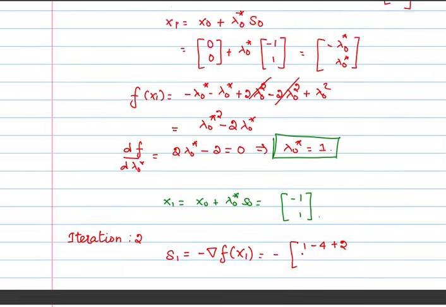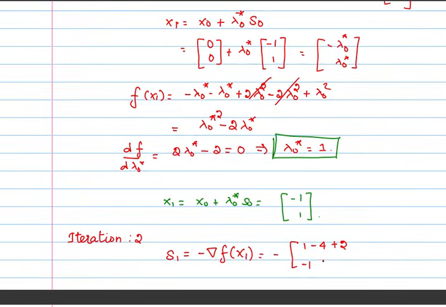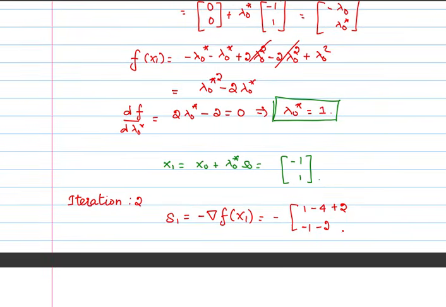So second is minus 1 minus 2x1, so plus 2x1, so minus 2 plus 2. So this value is nothing but minus 1. Here you will get it as a plus 1.